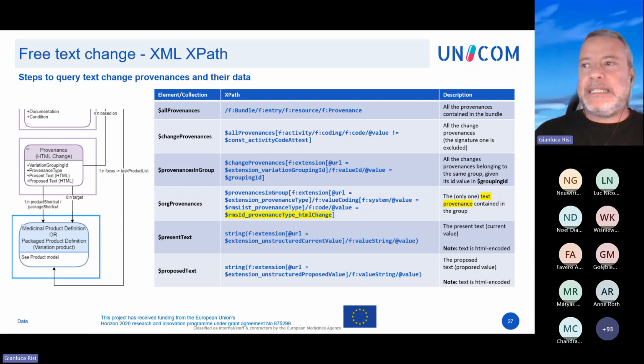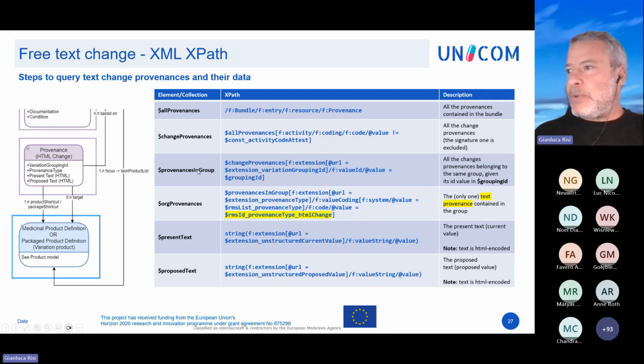Having done that, in the variable provenances in group, we will have only change provenances that belong to the group whose grouping ID is the one contained inside the variable grouping ID.